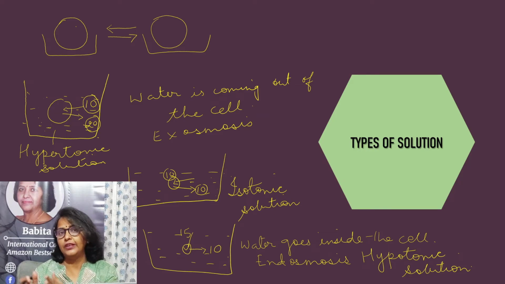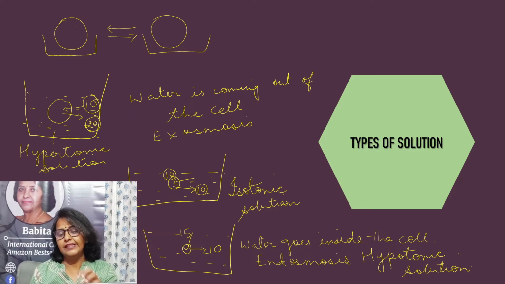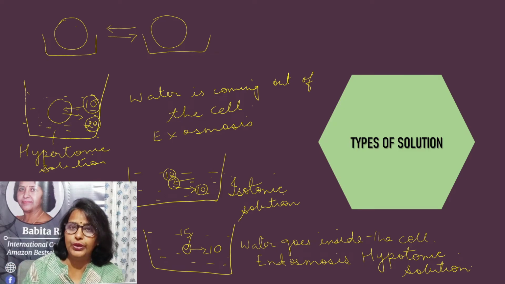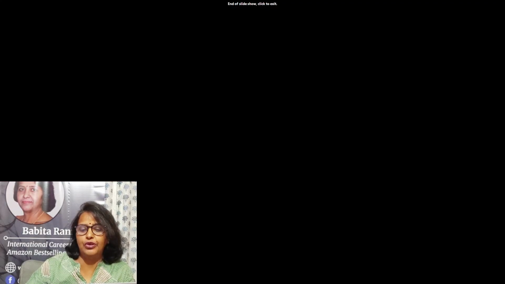In another example we saw, fewer water molecules coming out of the cell and more water molecules going inside. If this is happening, the net result is water is getting inside the cell and the solution is hypotonic solution. So we have three different types of solutions: isotonic, hypotonic and hypertonic.